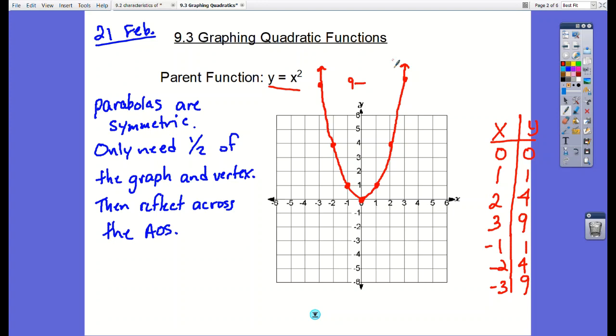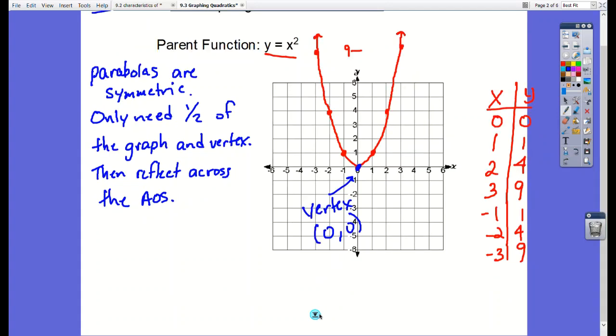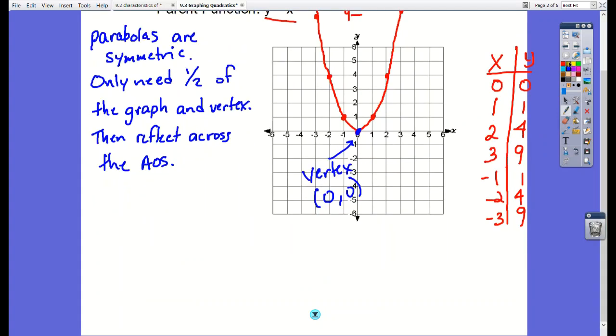All right, I want you to remember a couple things. One, we've already identified this, but it doesn't hurt to say again, this is our vertex. For the parent function, the vertex is at 0, 0. Let's make one comment here: your vertex is the most important point.